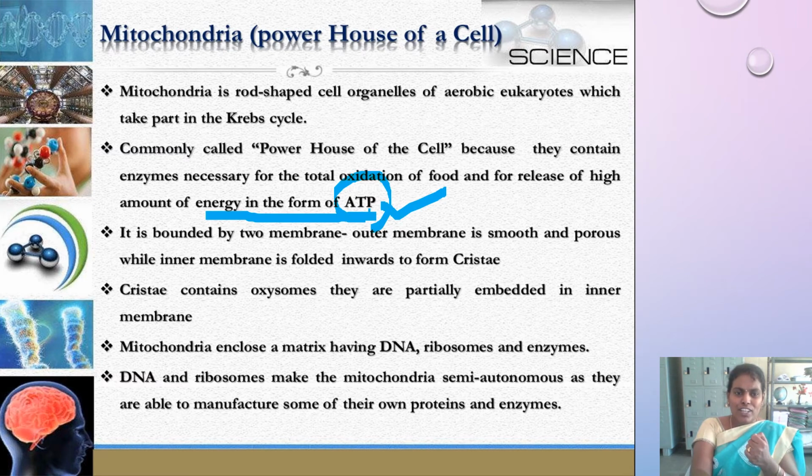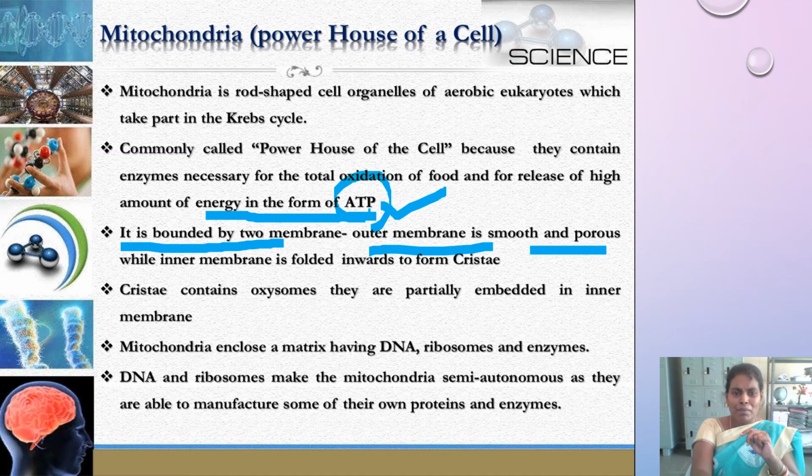If you see the structure of mitochondria, it is bounded by two membranes. All other cell organelles present inside the cytoplasm contain a single membrane, but mitochondria is bounded by two membranes. The outer membrane is smooth and contains many pores. It is porous and smooth.